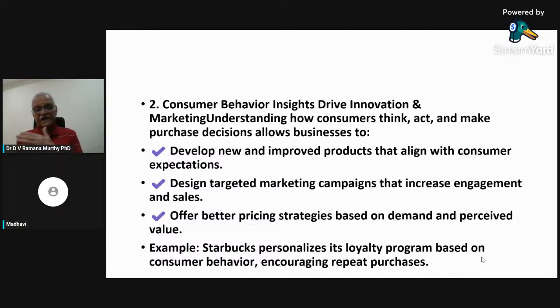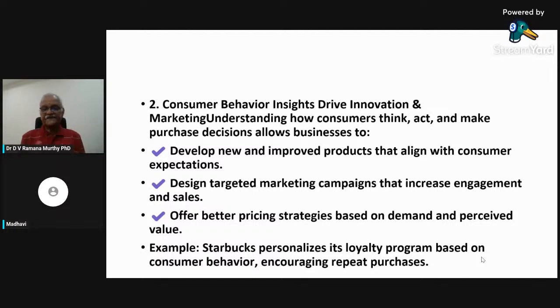For example, today we have highly personalized markets. I just order a product online and it will be on my doorstep. With this kind of logistics happening today, we need to understand clearly how consumers behave.